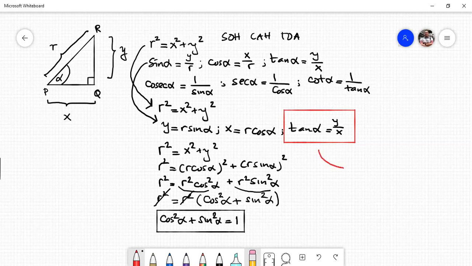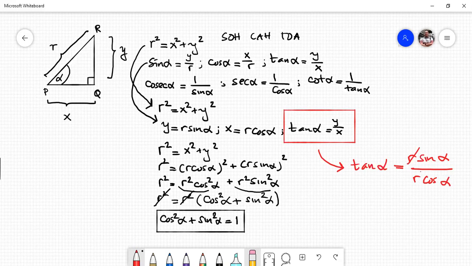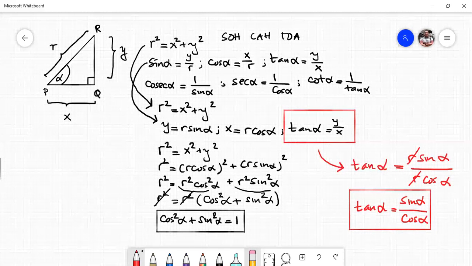So tangent alpha is R sine alpha over R cosine alpha, and directly we can divide this, it becomes 1. So we obtain tangent alpha equals sine alpha over cosine alpha. Can you see this? Okay, so we have this formula already.